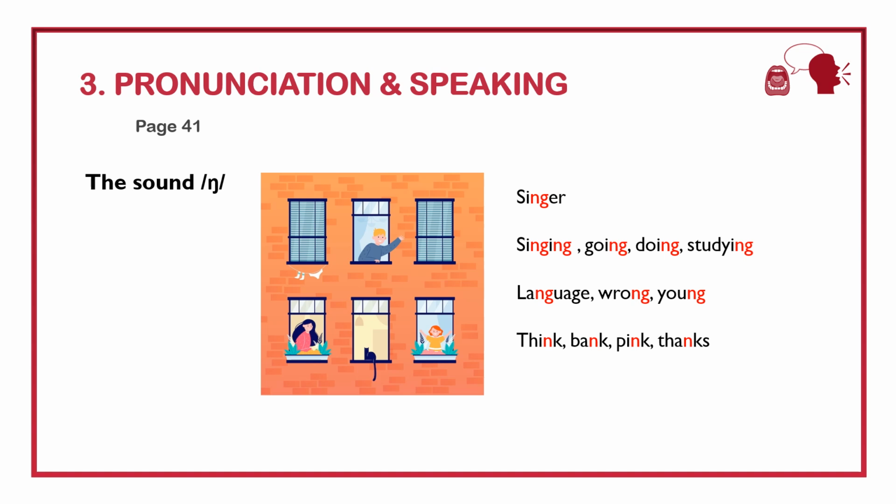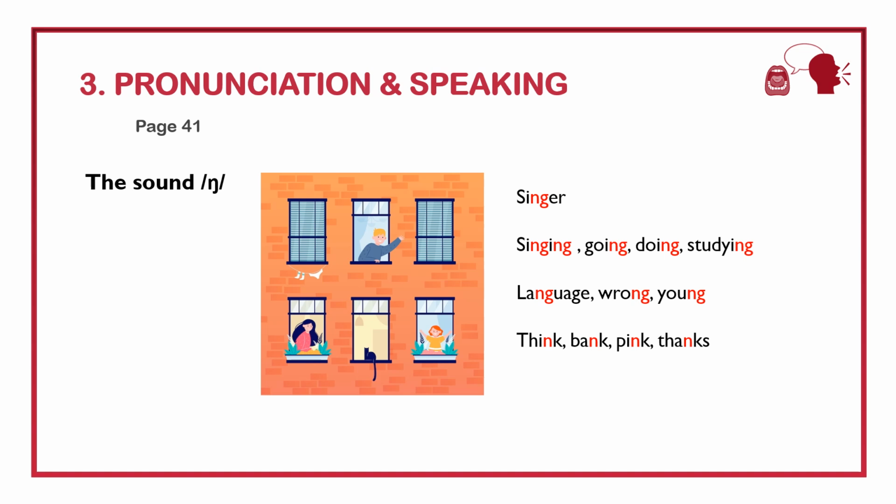Singing, going, doing, studying. Can you hear? We don't say singing, going, doing. It's not like you pronounce the last G at the end of the word. Now, for these verbs that have ing, it sounds like that, like going, doing, studying.